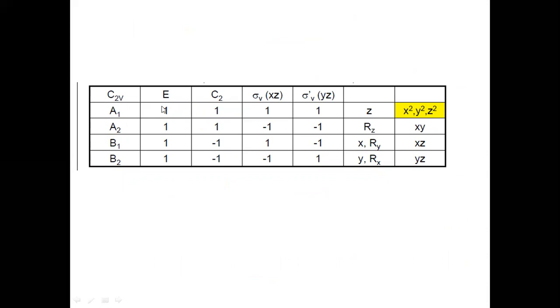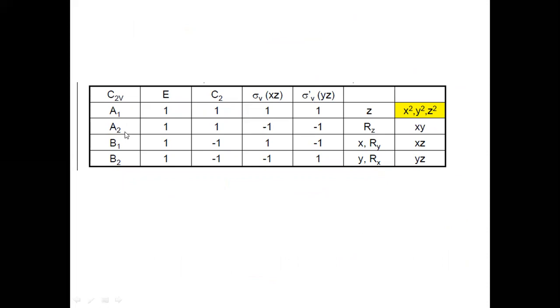So it will be 1 into 1 into 1 plus 1 into 1 into 1 plus 1 into 1 into minus 1 plus 1 into 1 into minus 1. What will be the answer? These two are negative, these two are positive. If I sum them, 2 minus 2, that is equal to 0.